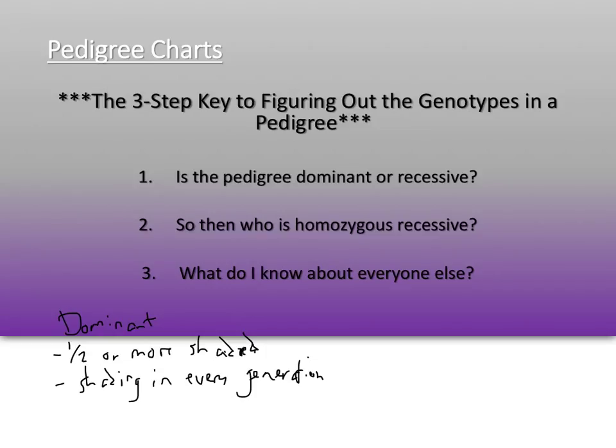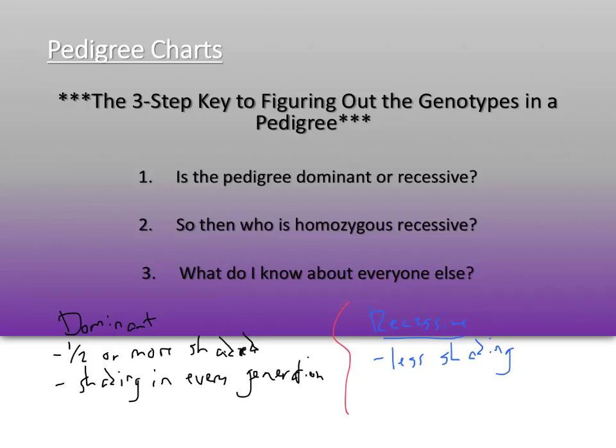Now, your other option is for it to be a recessive pedigree. If it's recessive, usually you will see less shading. In a recessive pedigree, the ones who are colored in are the people who have the trait.